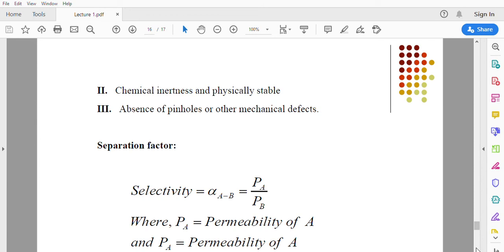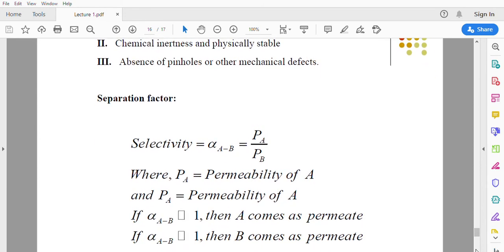Because you are separating two gases, and the velocity of molecules of gases is very high, if there are some pinholes in the membrane, it will adversely affect your separation. So there should not be any pinhole in the membrane, as well as other mechanical defects. Other mechanical defects means sometimes the thickness of the membrane will change at different parts, so it should not happen, because it will affect the mechanical strength of the membrane.